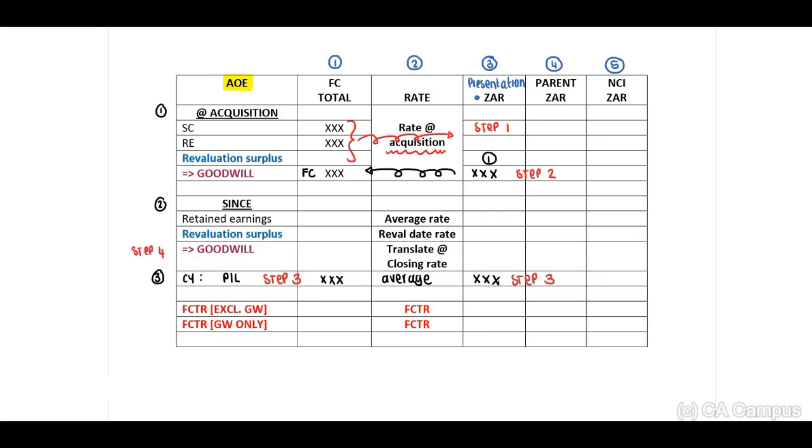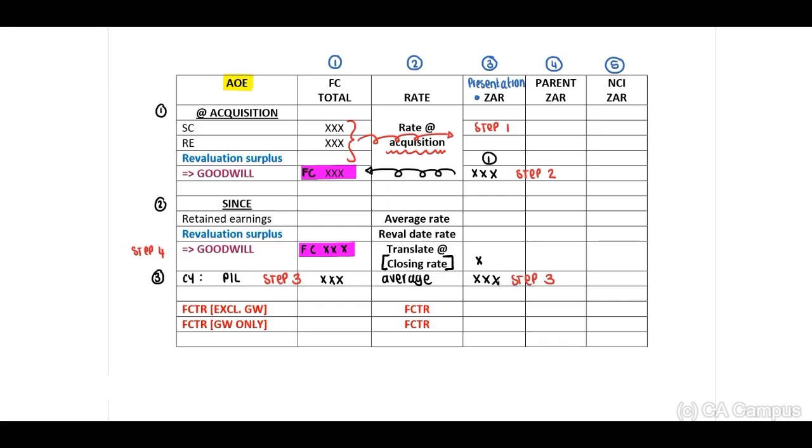You need to remeasure your foreign currency goodwill. Important, guys. Look at this. Remember, we have calculated our goodwill in a foreign currency at acquisition date. We now need to remeasure this and translate this using our closing rate. Okay?